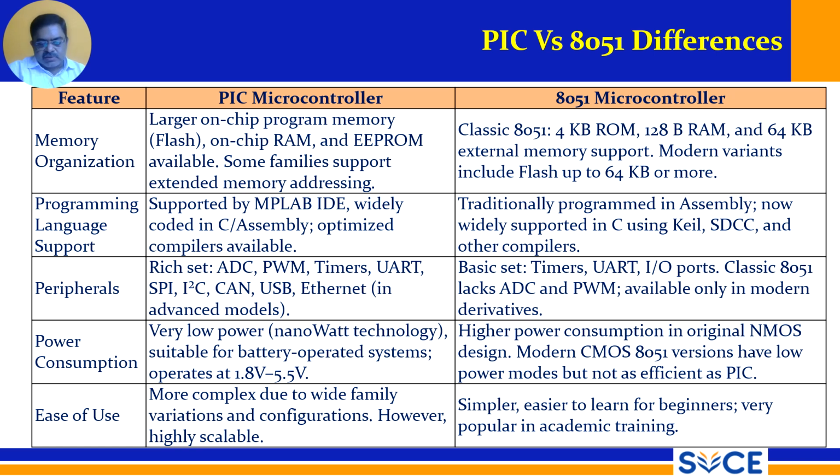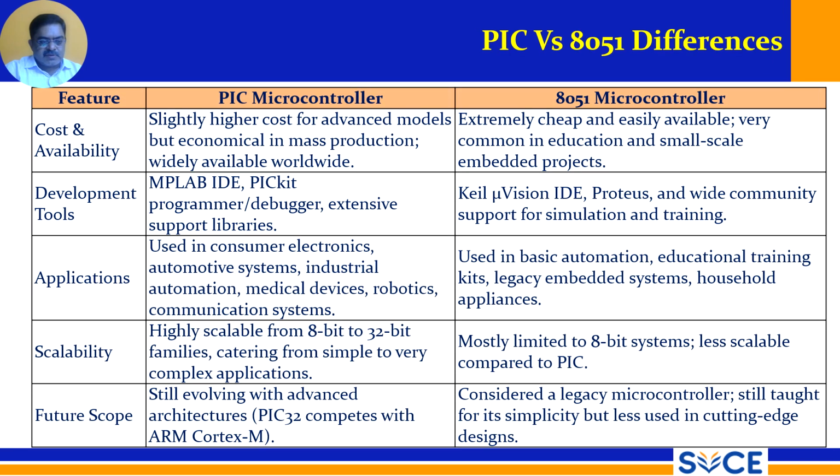So next feature, in terms of cost and availability: PIC has a slightly higher cost for advanced models but is economical in mass production. So widely available worldwide. And 8051 is extremely cheap and easily available, economical for students.